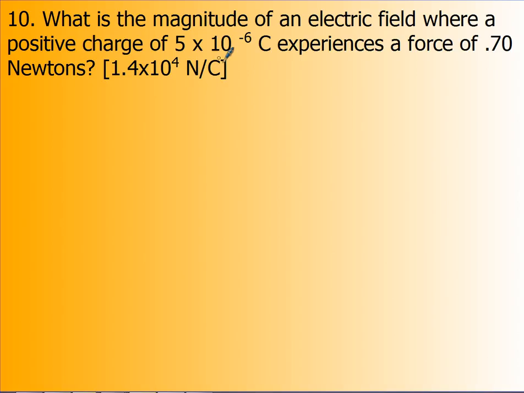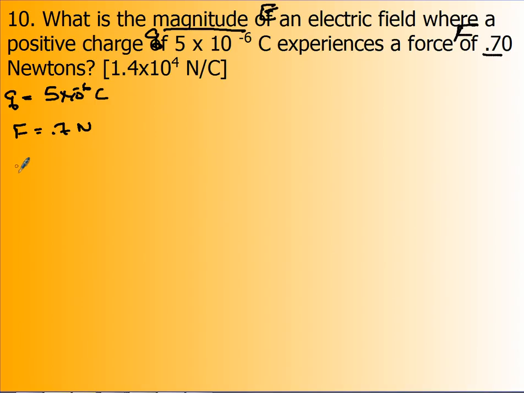What is the magnitude of the electric field? Remember, magnitude just means I want the number E, where a positive charge, Q, experiences a force of 0.7 newtons. I have a charge of 5 times 10 to the negative 6 coulombs, and the force is 0.7 newtons.